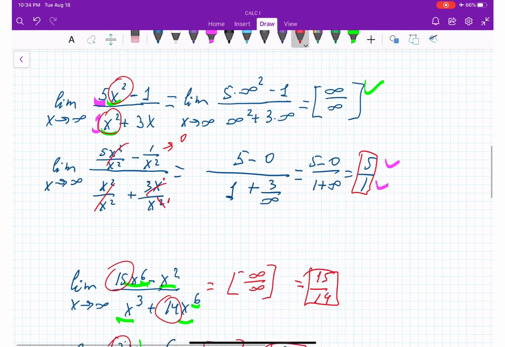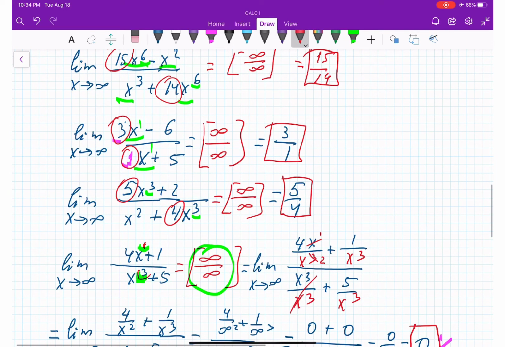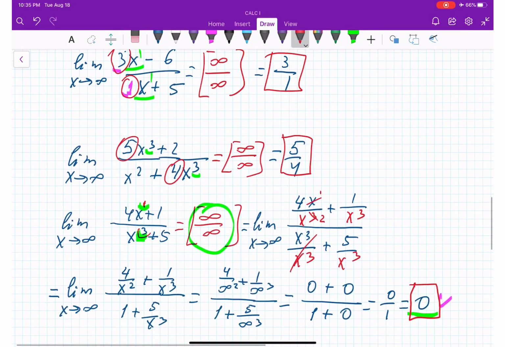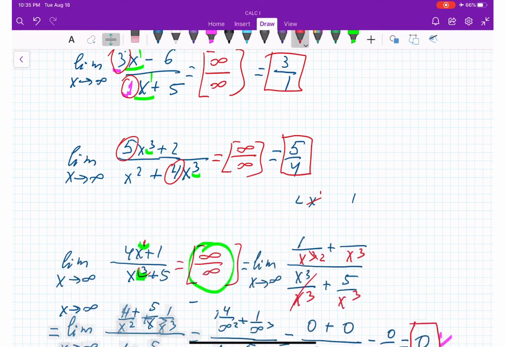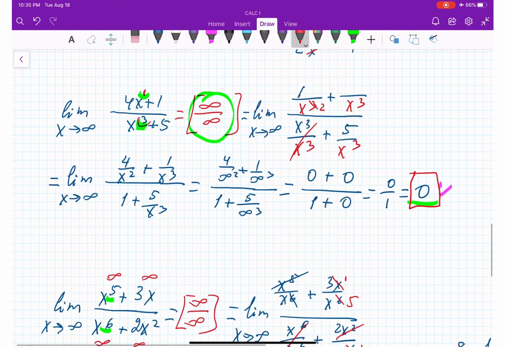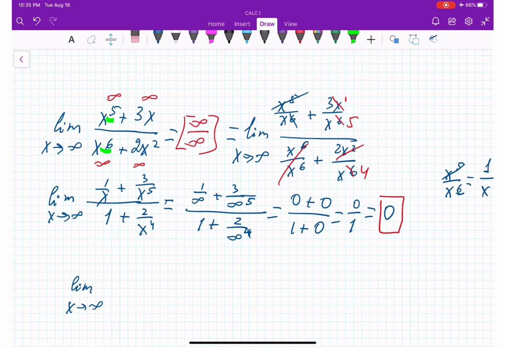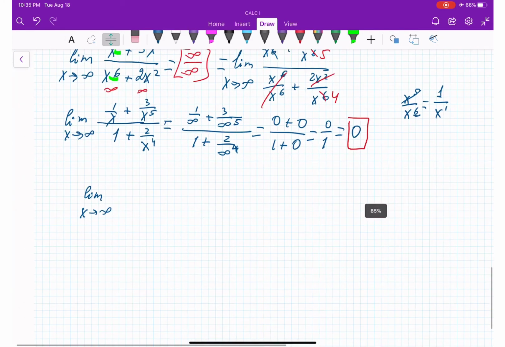Bring down this one, okay, and then move this one down. All right, move this one down. That's the same thing, and this is also the same thing. Okay, we are good.